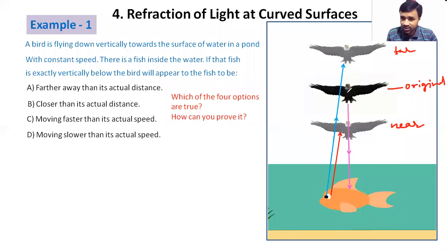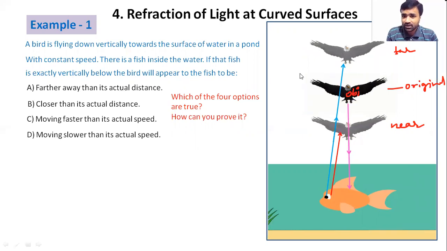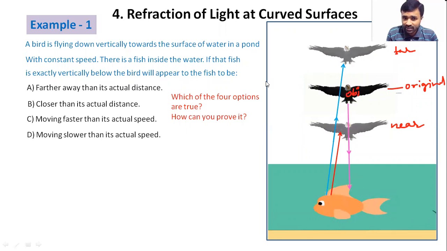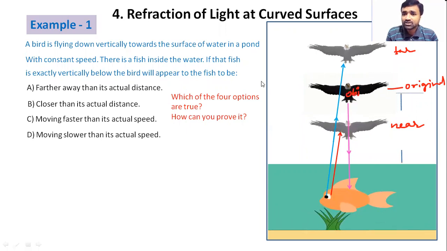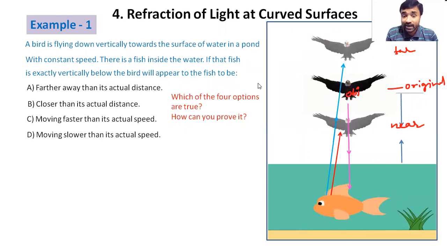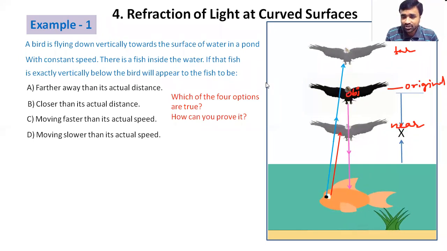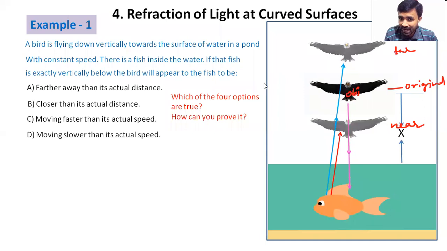So this is the object. Then I'm taking the distances here. I don't know the distances, so I am considering the object distance as an unknown value x. So x is the object distance. Among the three, we don't know which is going to act like the image.